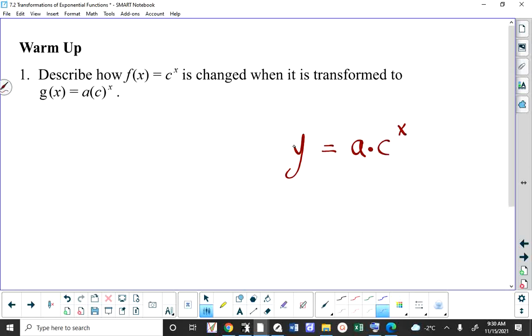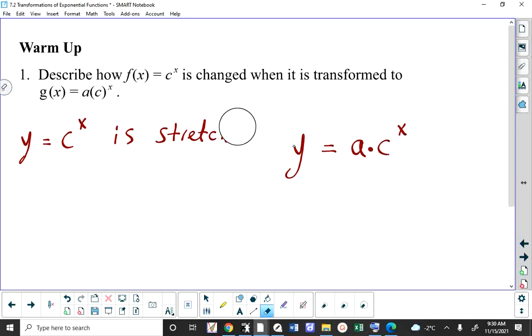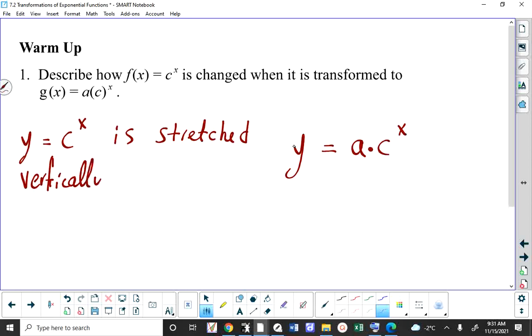So we don't really need brackets. But what happens is the function y equals c to the x is stretched vertically by a factor of a.